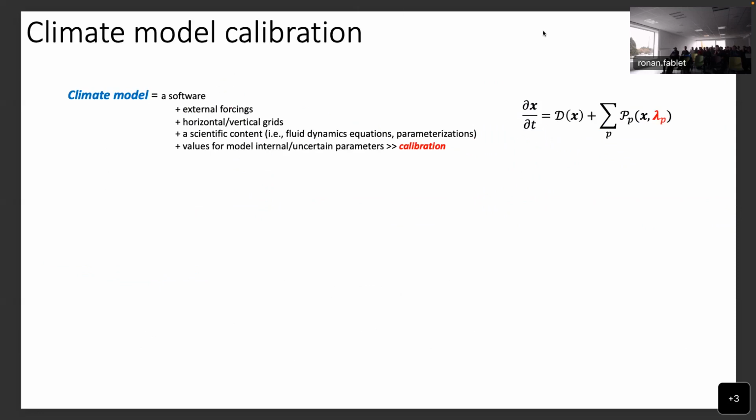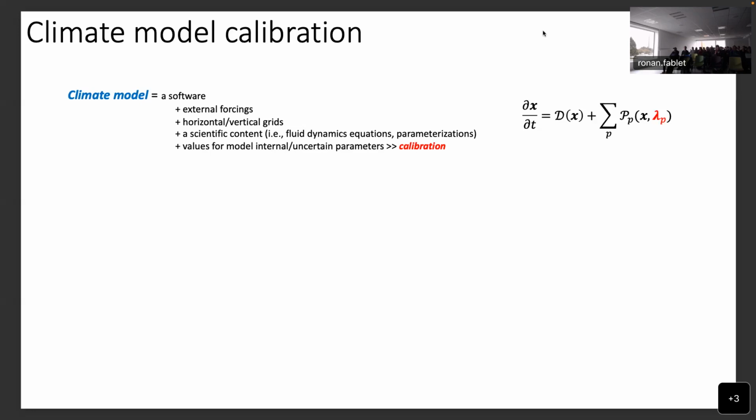When we have these models developed, the problem of calibration emerges. First, just remember that the climate model is some kind of software to which we have to provide external forcing. As I explained, we have to define a grid, horizontal and vertical. And then we have what we can call a scientific content, either for the fluid dynamics equations that are used, but also for all the parameterizations, the processes whose effect on the larger scale is parameterized.